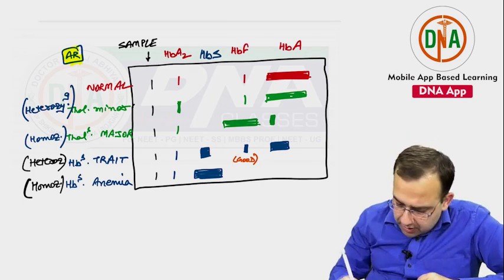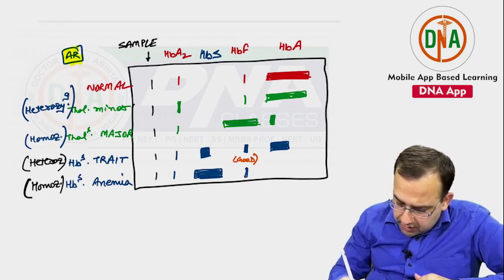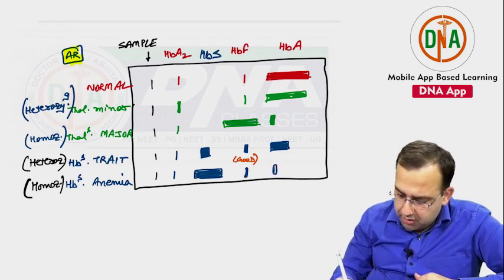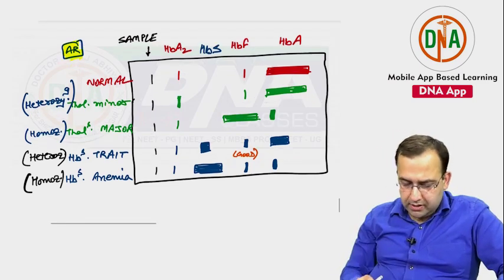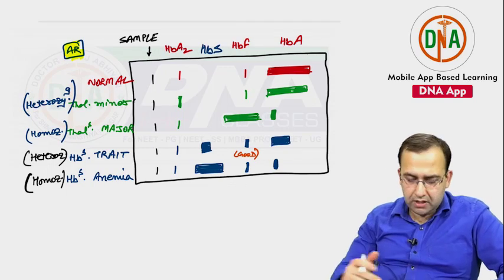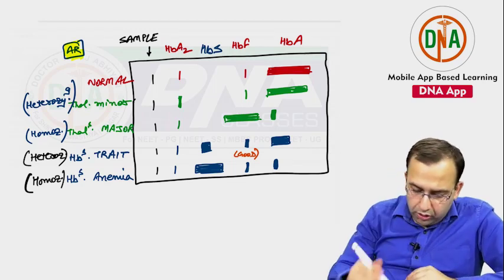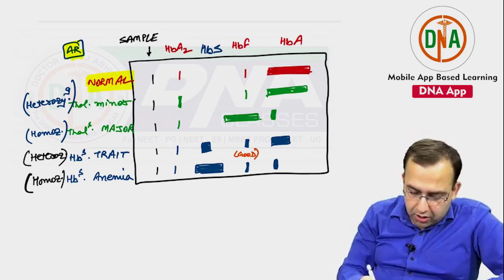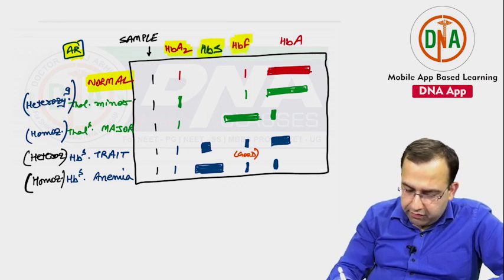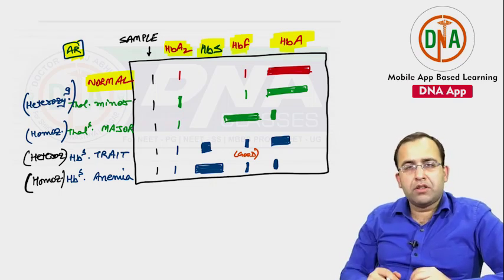HbF normal to slightly increased versus HbA, which is markedly reduced. This is hemoglobin electrophoresis. This slide is important. All you need to know is, normally from the point of application, we have HbA2, HbS, HbF and HbA.